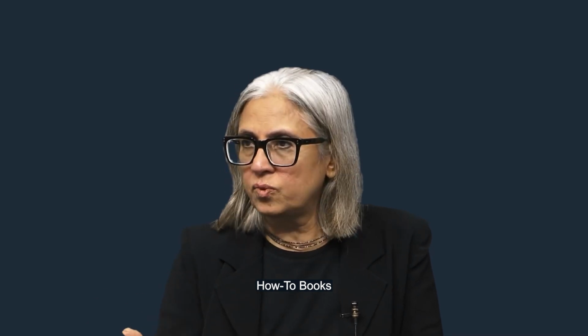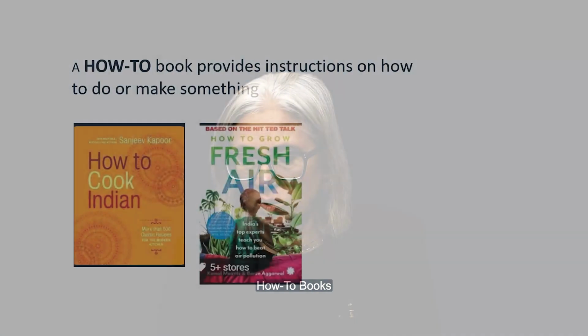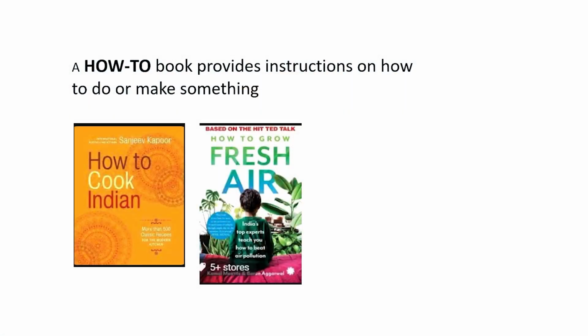I mean, you might want to do something, but you need help in understanding techniques or the various means that exist for you to put them into practice, right? How to Cook Indian. You might be a new cook, just learning how to cook, and you want to learn recipes and so on. So this could be of some help over there.